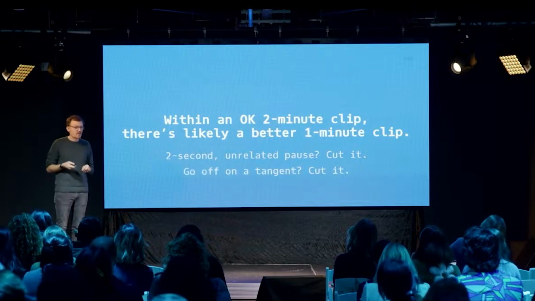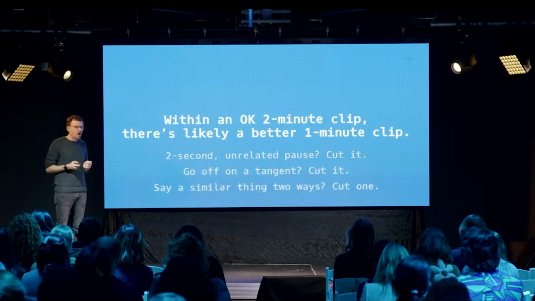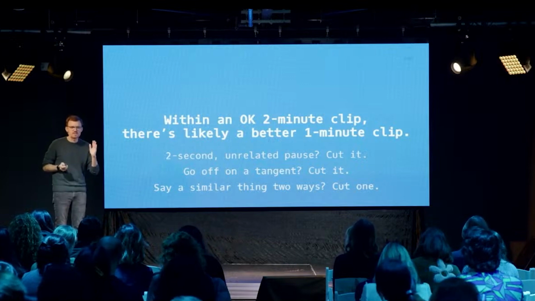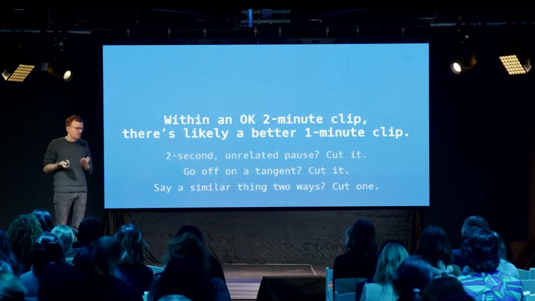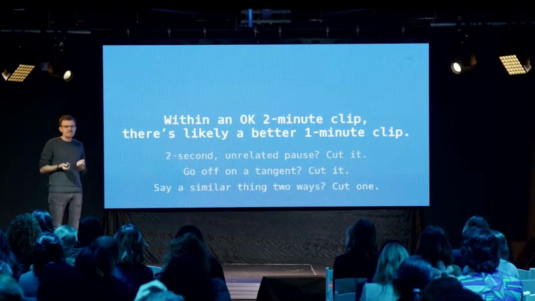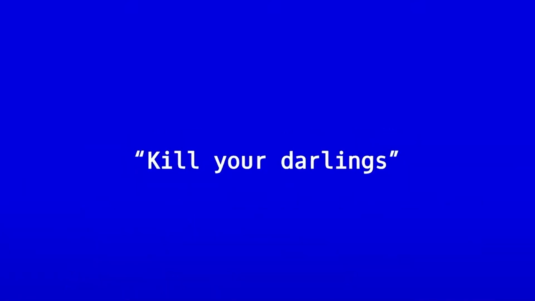If the participant goes off on a tangent, I'll cut it. Oftentimes participants say the same things in 2 or 3 different ways. Cut all of them except for one. You only need one. I think this is easier said than done, as the common writing and editing suggestion goes, kill your darlings. It's really hard when you've been the interviewer to cut things.